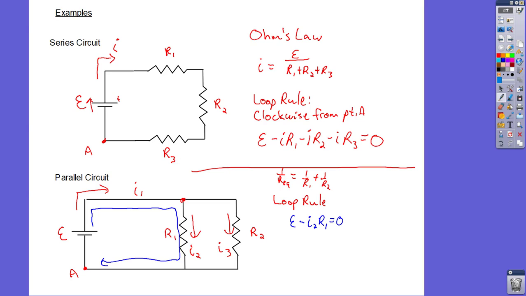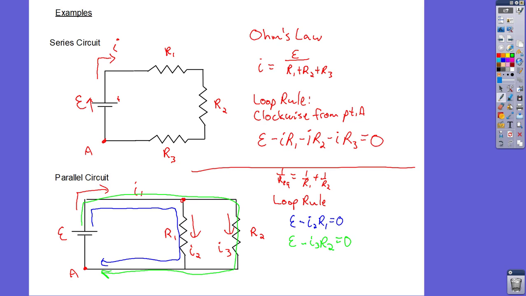So that's one equation we could have. And then another path through the battery, if we take this outside loop, getting back to A, would be the EMF minus I3 R2 equals 0.